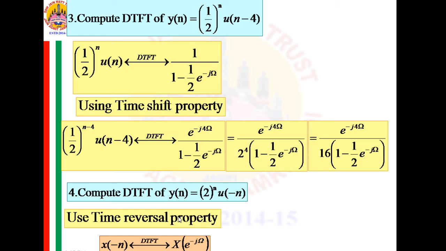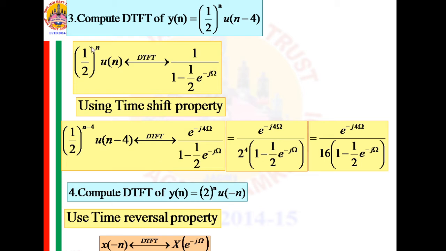So, in this case, to use the time reversal property, this n should be minus. So, to make this n minus, this 2 raised to n, we shall write as 1 by 2 raised to minus n. So, 1 by 2 raised to minus n u of minus n, this becomes y[n].